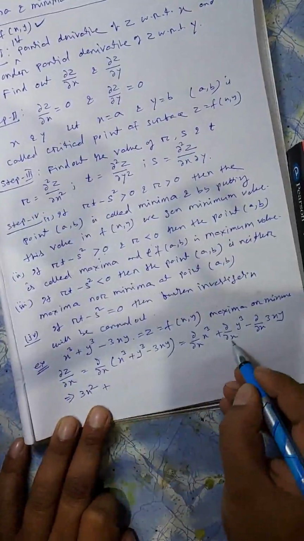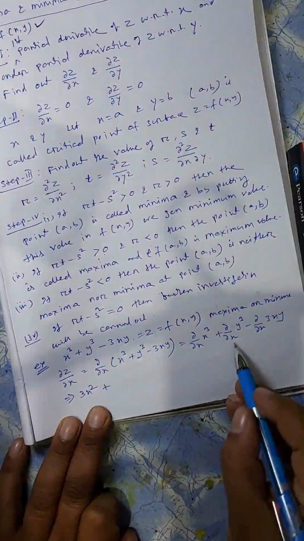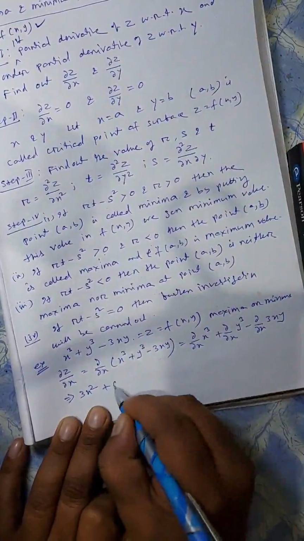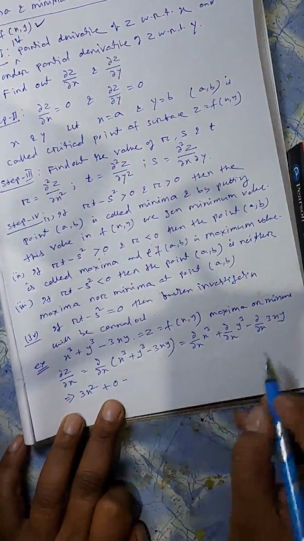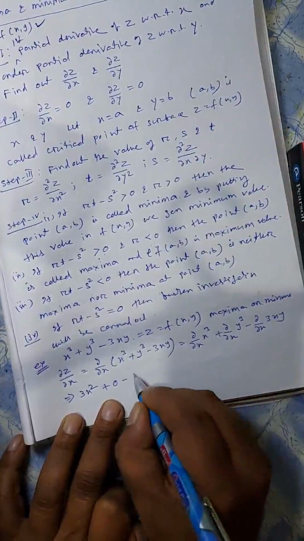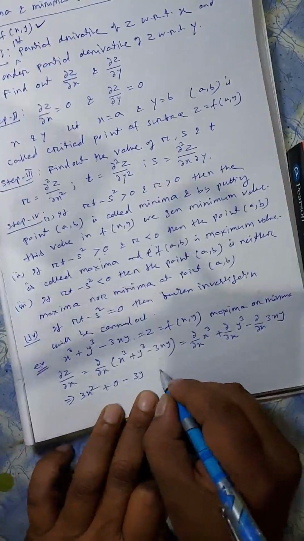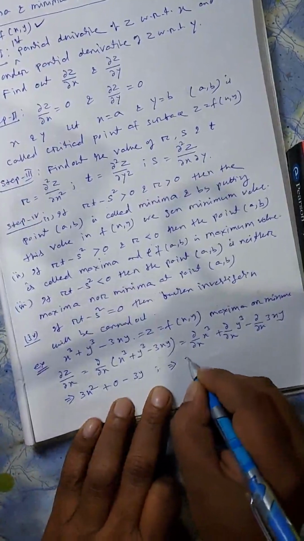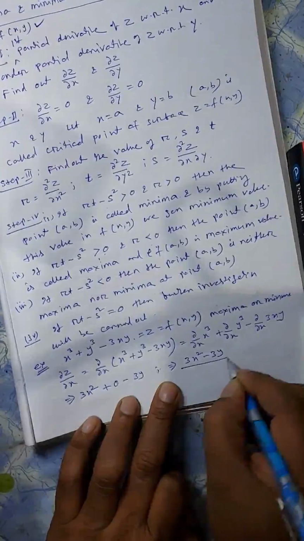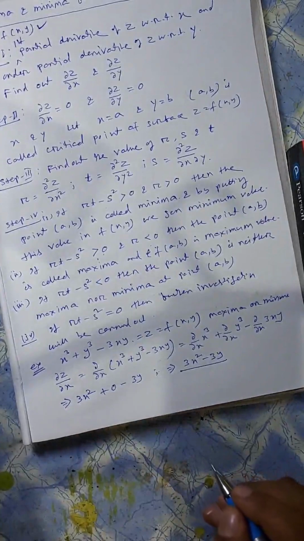For y cube, y is another variable, so if we vary with x it remains constant, and the derivative of a constant is 0. For minus 3xy, y is constant, so we take 3y outside, and the derivative of x is 1. So this value comes as 3x square minus 3y. This is dou z by dou x.